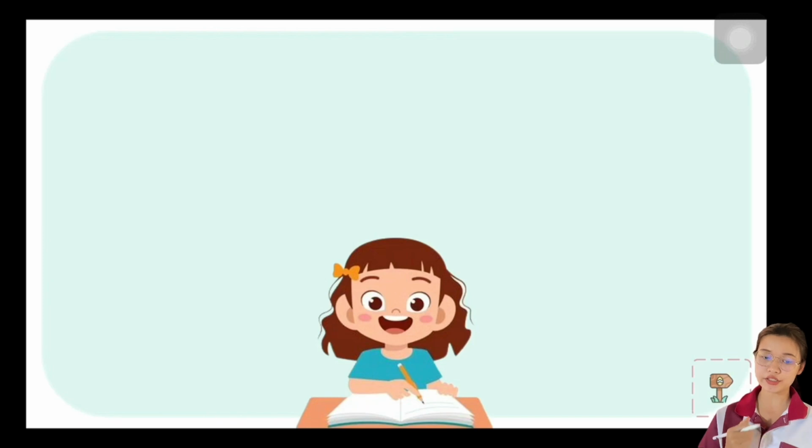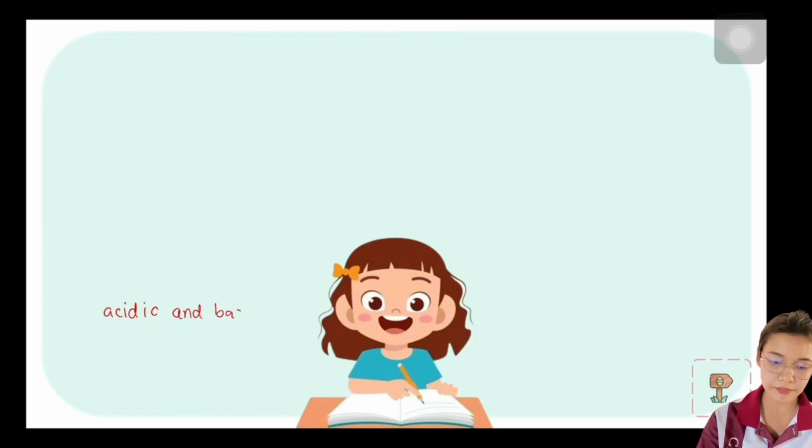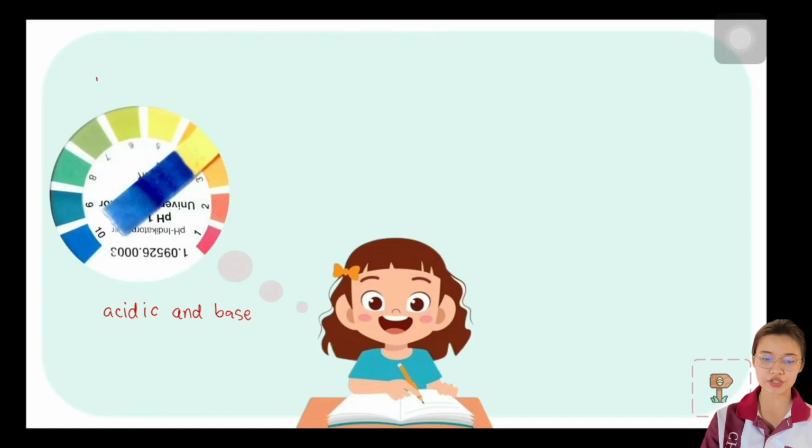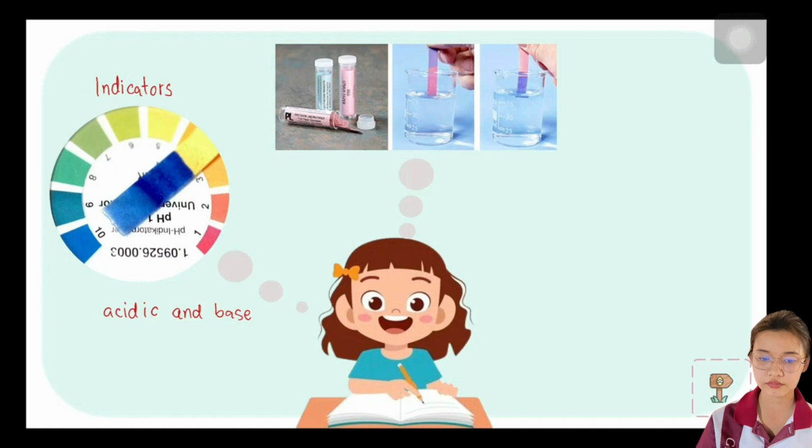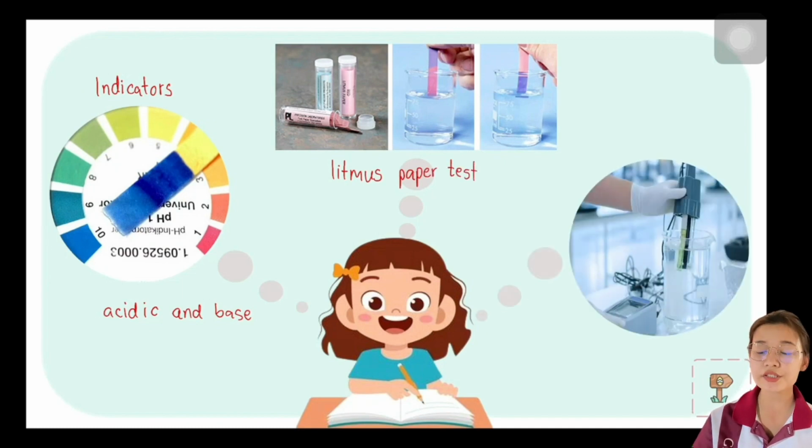For example, in a chemical reaction between an acidic and a base solution, we may not notice any change, but it can be tested using a pH measuring tool, such as an indicator, litmus paper test, and pH meter.